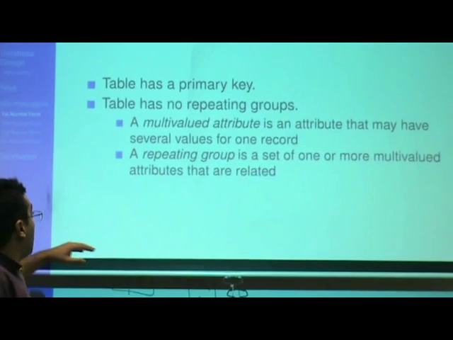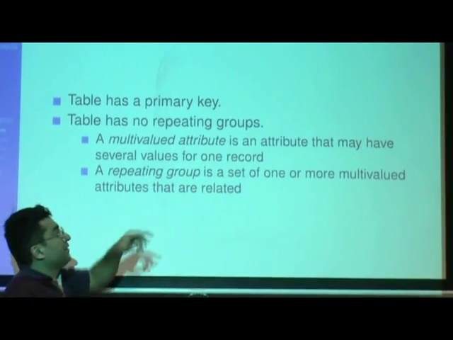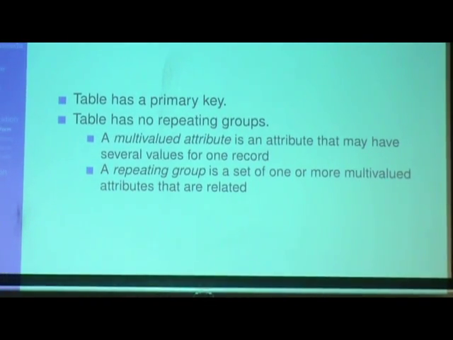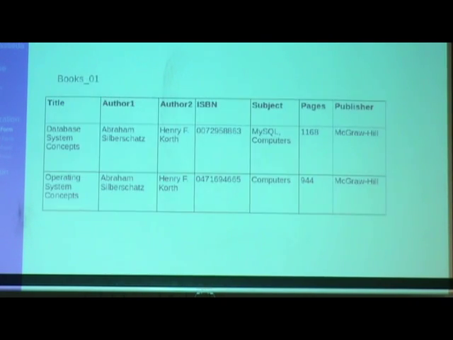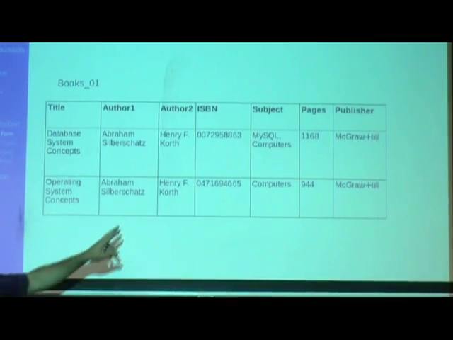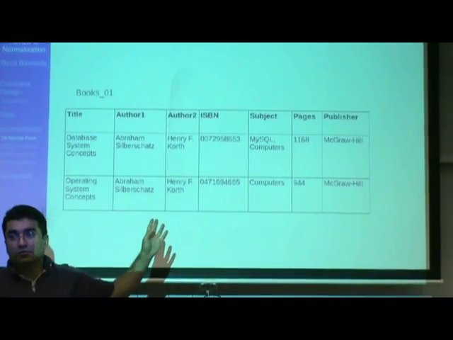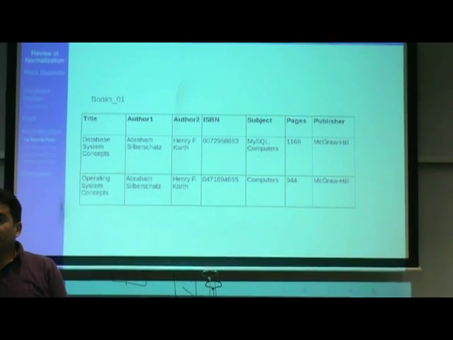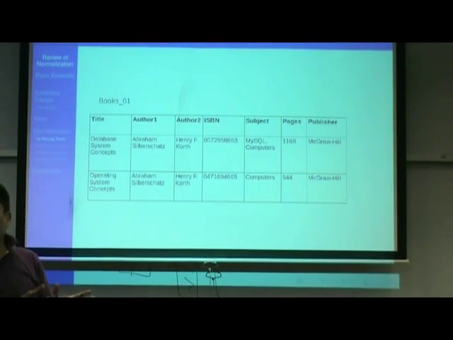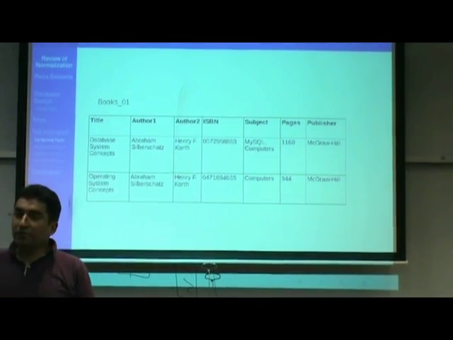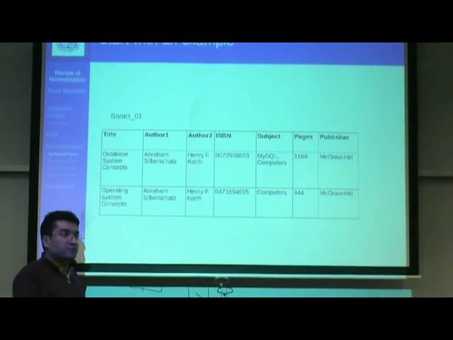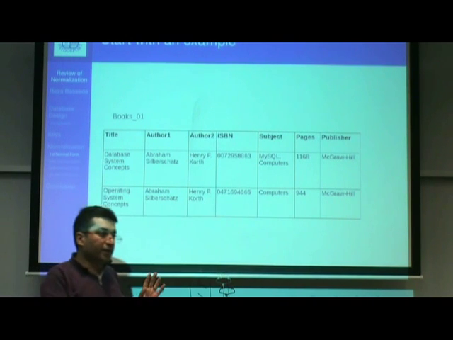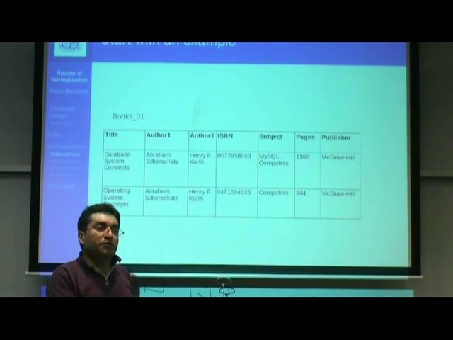Okay. Now, just look for a repeating group. A repeating group is a set of one or more multi-value attributes that are related. Here, author 1 and author 2 are two attributes representing one concept. They are both representing an author, right? So probably in this example, the sequence of authors matters for the book.